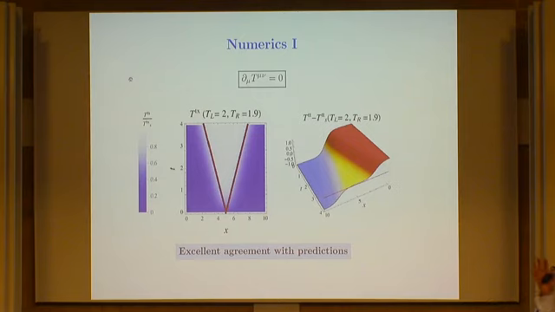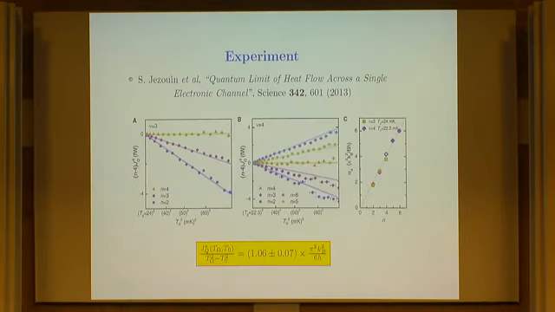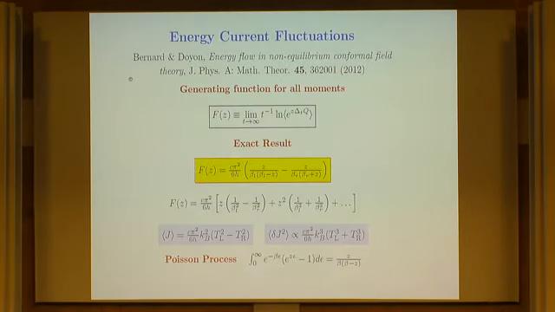But there's actually another problem. In the 1D case, Benjamin and Denis used essentially fluctuation relations.